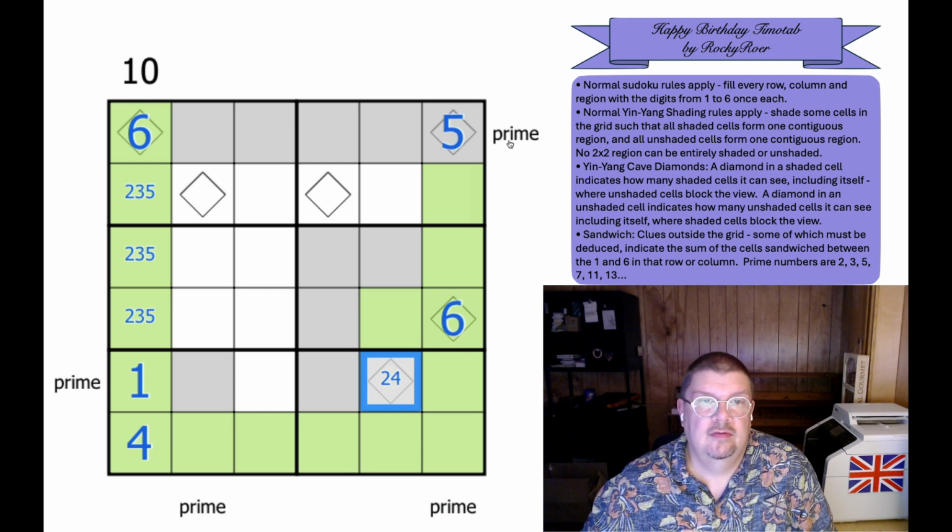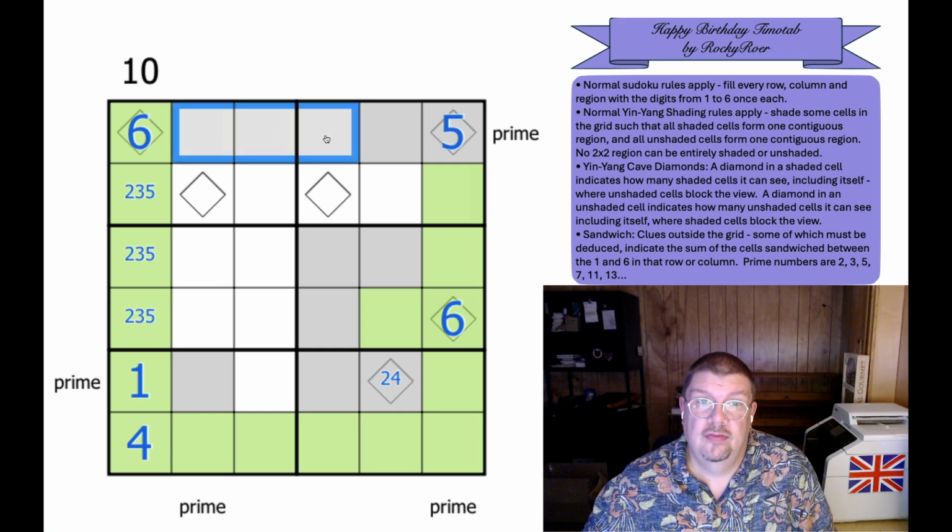All right, let's think about this prime. So we have 14 potential digits inside. But if 14 is the maximum potential sum inside, take away 5 gives us 9, which is not prime.